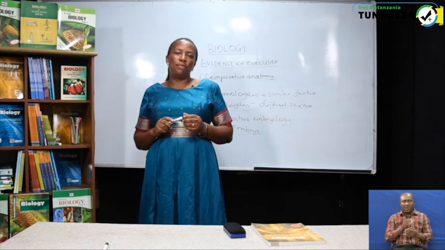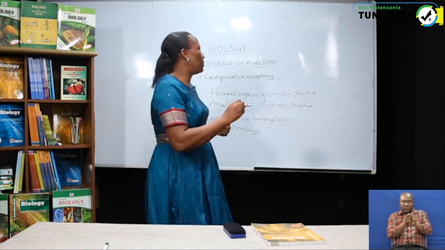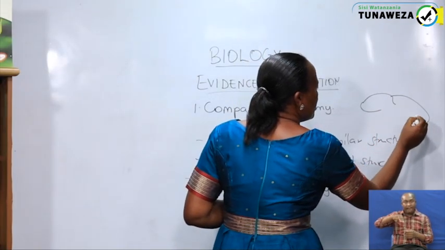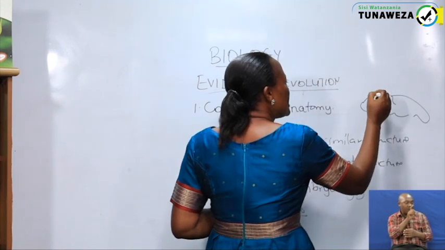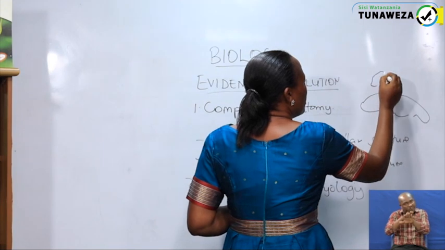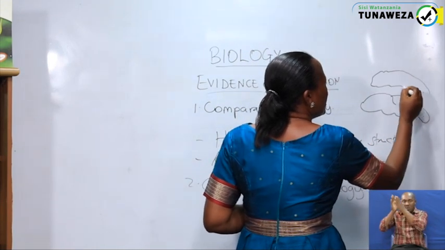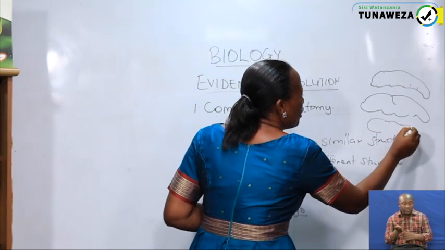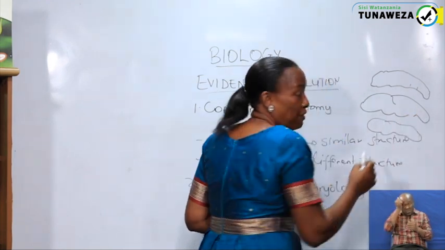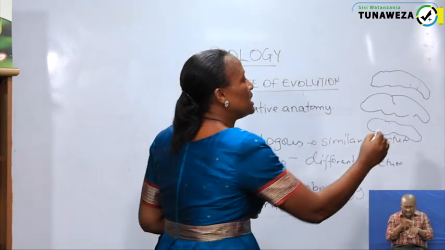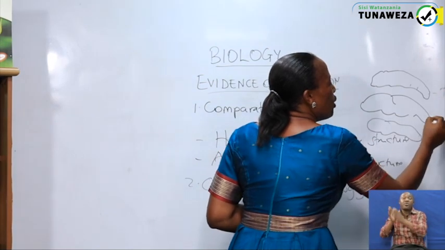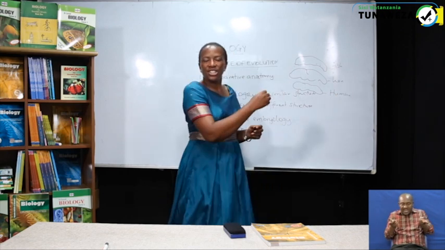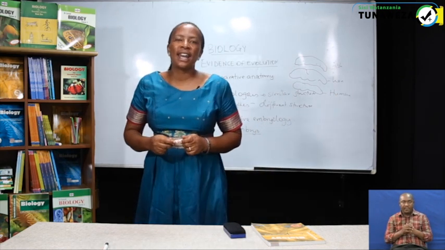The embryo of hen looks similar to the embryo of fish, and at the same time looks similar to the embryo of human being. If you don't know if this is fish or hen or human being, you can't differentiate them because they look alike.